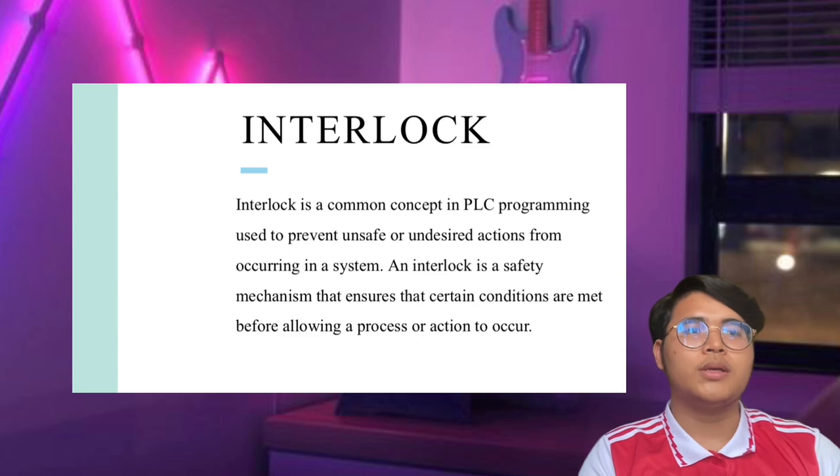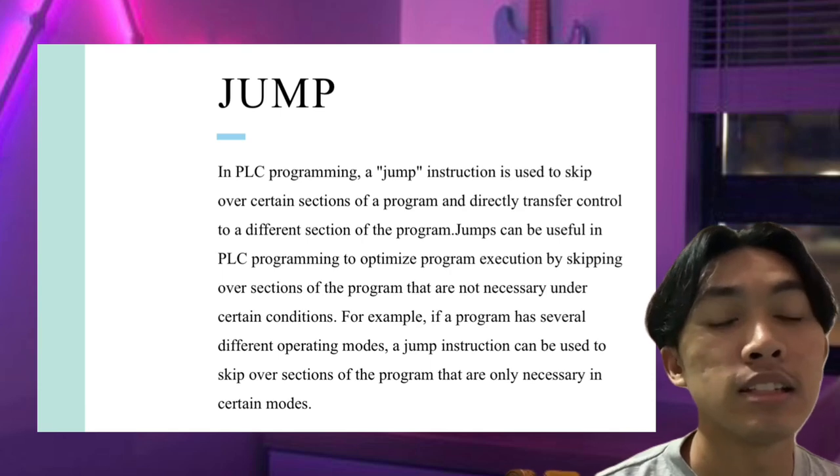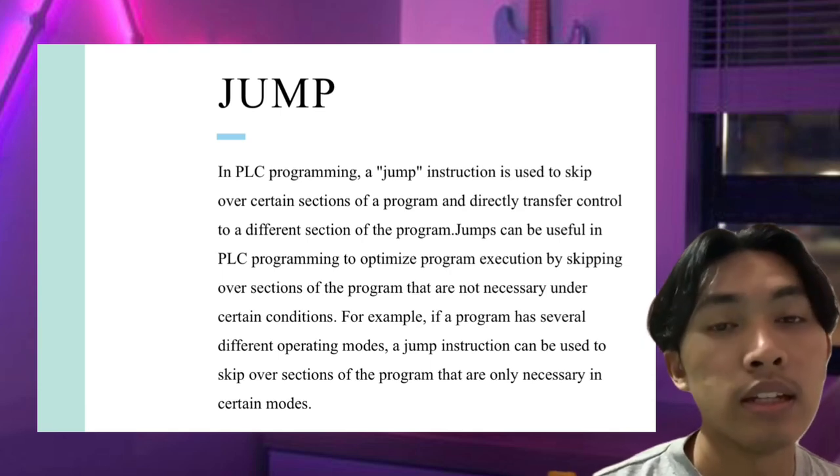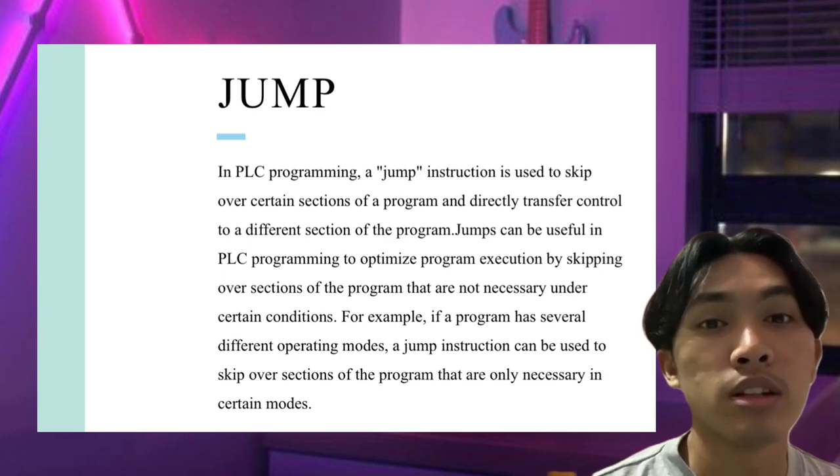Interlock is a common concept in PLC programming used to prevent unsafe or undesired actions from occurring in a system. An interlock is a safety mechanism that ensures that critical conditions are met before allowing a process or action to occur. In PLC programming, a jump instruction is used to skip over a certain section of a program and directly transfer control to a different section of the program.